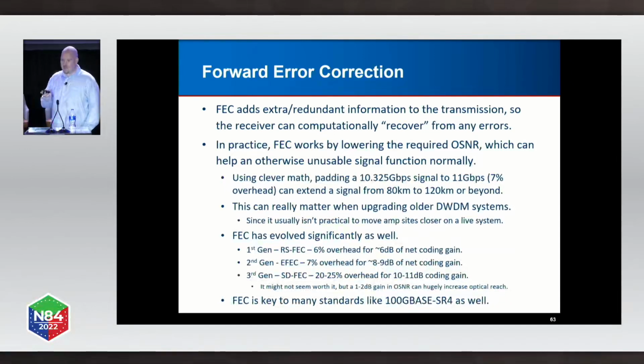So the very original standard, if you look at 100 gig, for example, one of the very first things that was standardized for 100 gig was LR4. It's very simple, and it was designed in a world before we actually knew if FEC was going to be available on every host board or not. The downside of that is that in order for LR4 to work, it has to be very tightly packed around 1310, and that makes it more expensive.